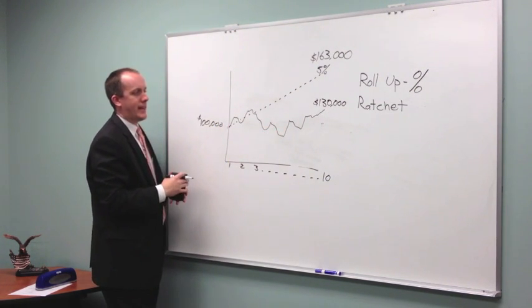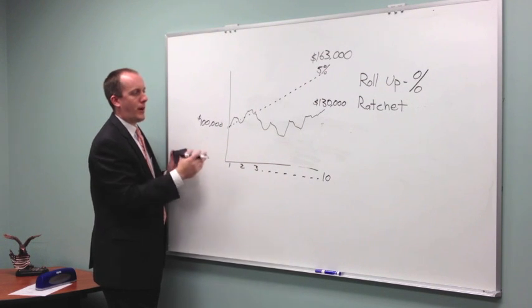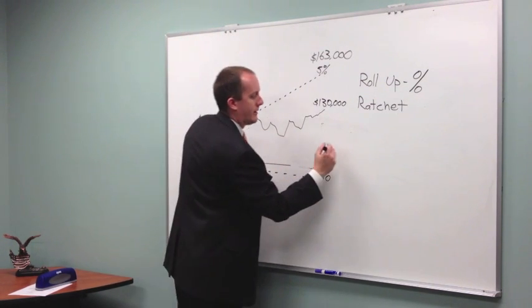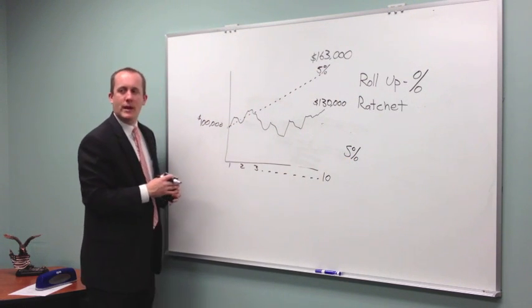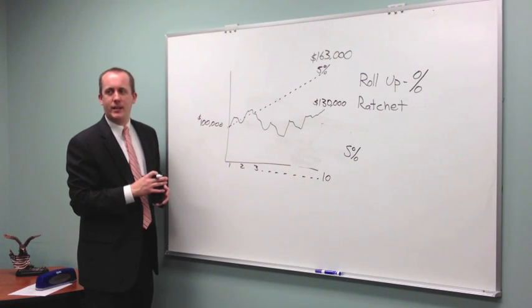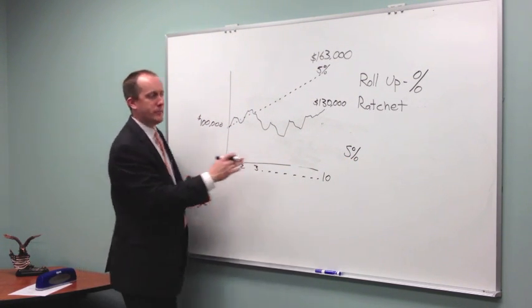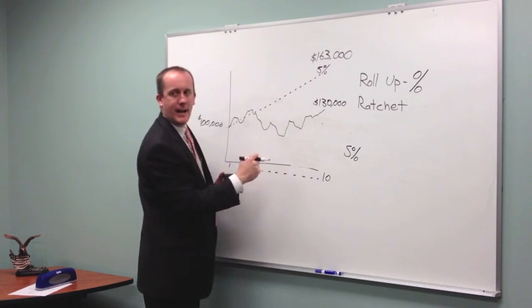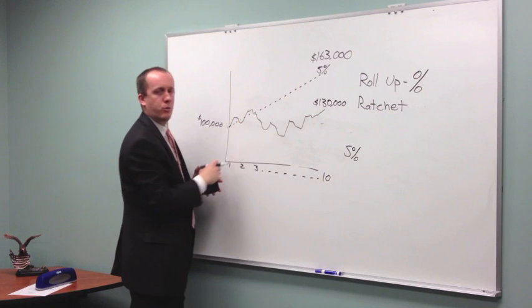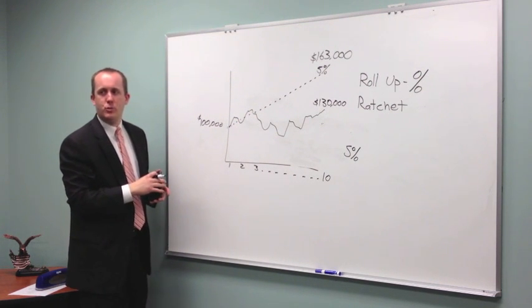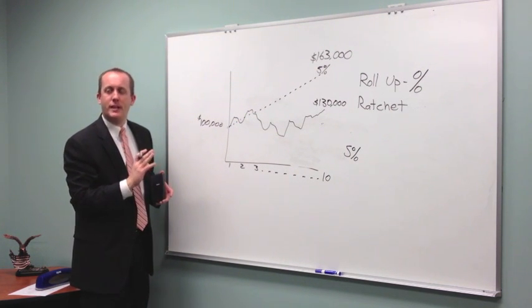Now let's say that this particular product offers a 5% income stream whenever the client wants to begin taking income. That income stream is based on the higher of the account value or the roll-up base. That's really, really important. So think about that.